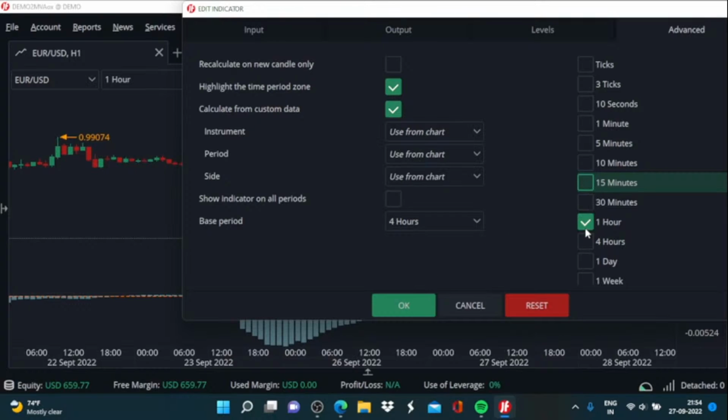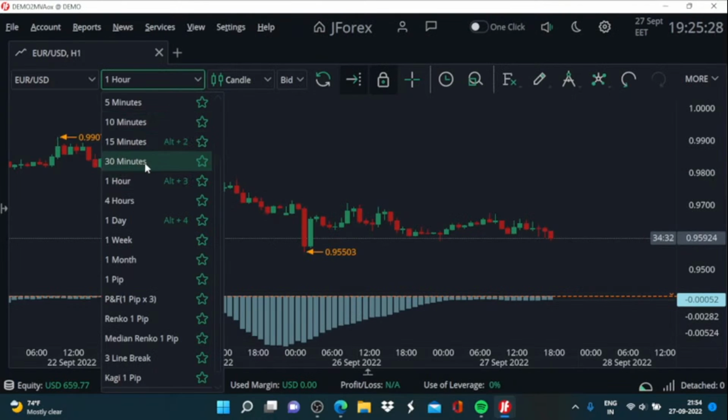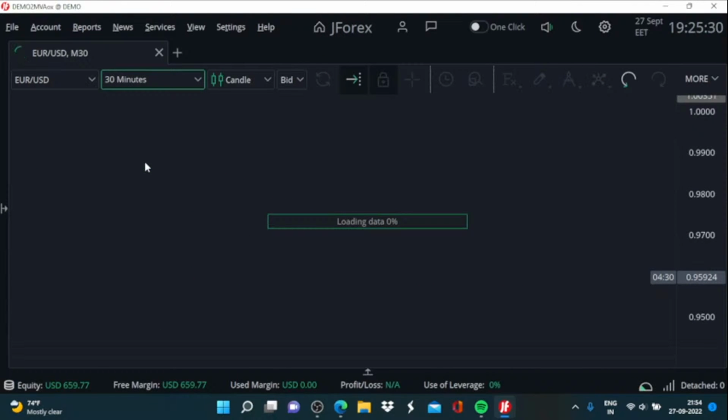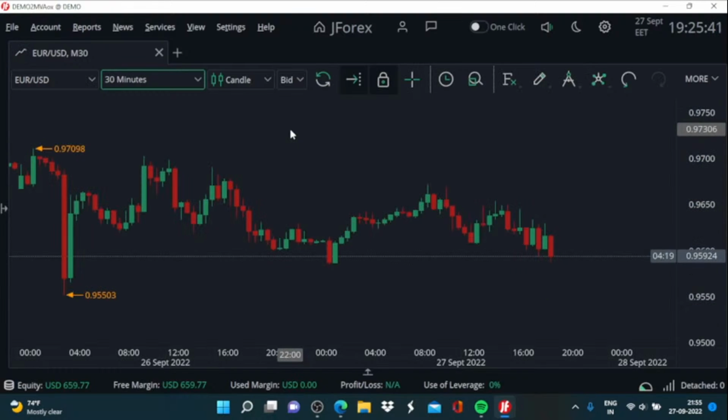Suppose now we take hourly and 15 minutes, we will have the McClellan oscillator values appearing only for the 15 minutes and the hourly candle period chart. But if we change it further to say half hourly, then there is not going to be any plotting of the McClellan oscillator, because we have specified that the indicator should be plotted only for the hourly and 15-minute time frame.